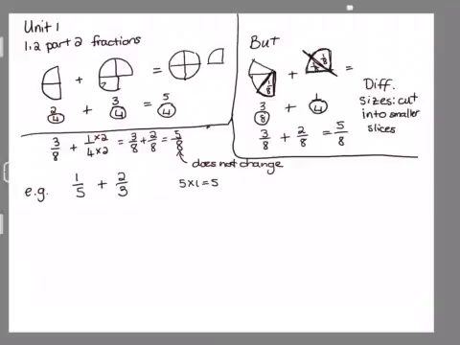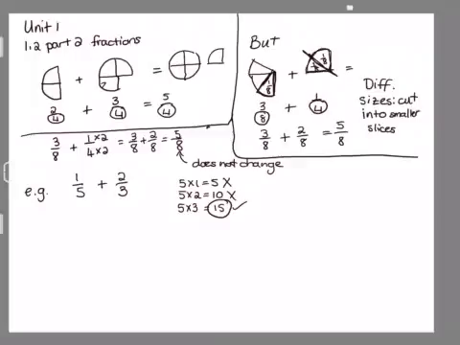Then look at the 3. Does 3 go into 5? No. 5 times 2 is 10. Does 3 go into 10? No. 5 times 3 is 15. Does 3 go into 15? Yes. So now I know I need a denominator which is 15.